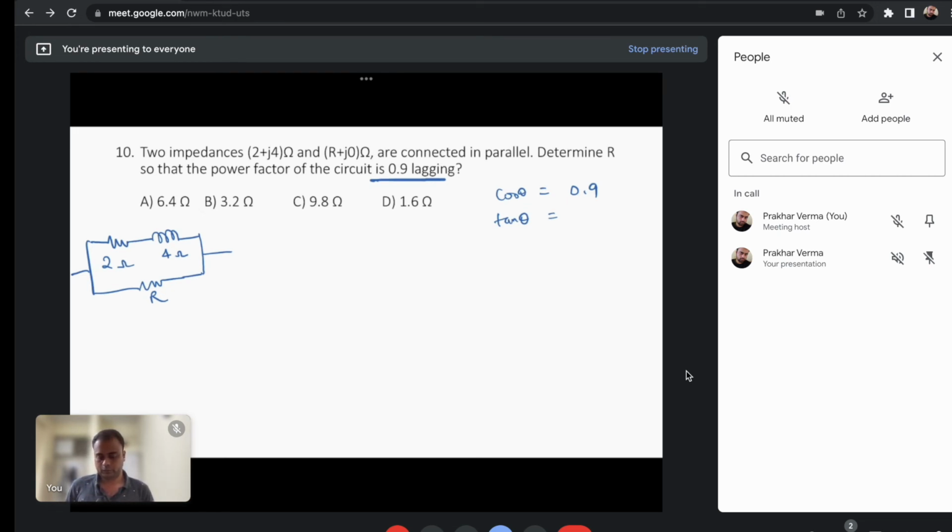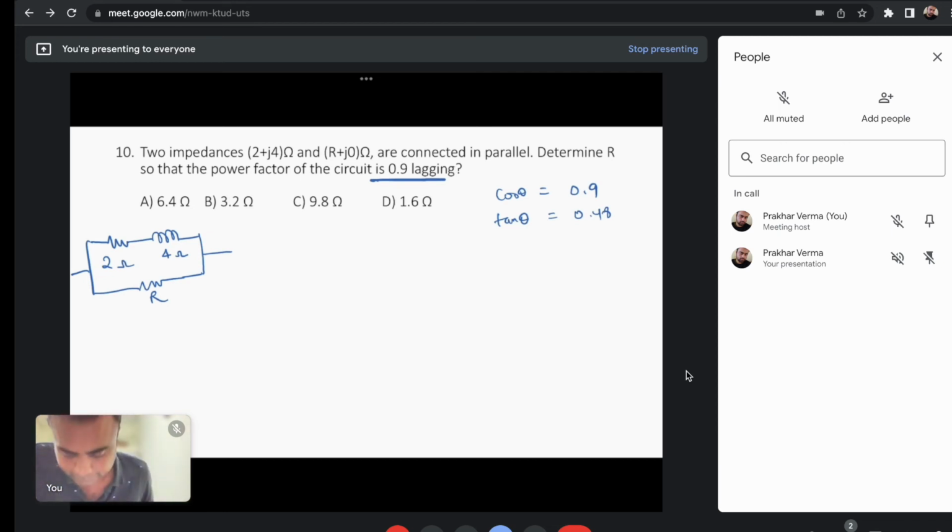So again, taking the inverse of the cos, cos inverse of 0.9 is 0.45, and then taking tan, tan of 0.45 becomes 0.48. So we know tan theta.